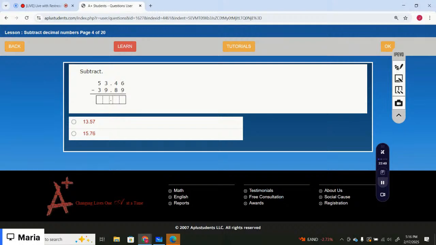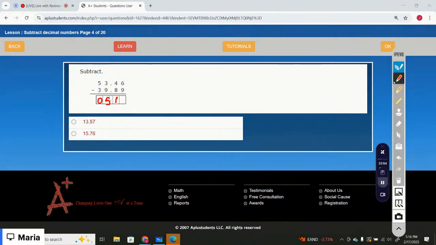16 take away 9 is, because you cannot subtract 9 out of 6, you need to borrow 1. You have 3 here. 16 take away 9 is 7. Again, you cannot subtract 8 out of 3. You need to borrow. 13 take away 8 is 5. Again, you cannot subtract 9 out of 1, so you need to borrow. 12 take away 9 is 3 and 4 take away 3 is 1.